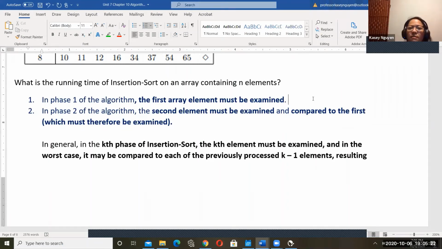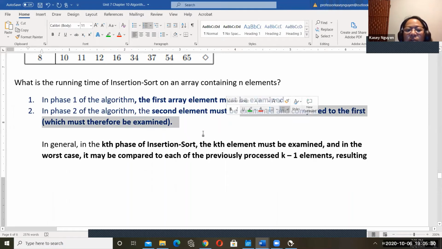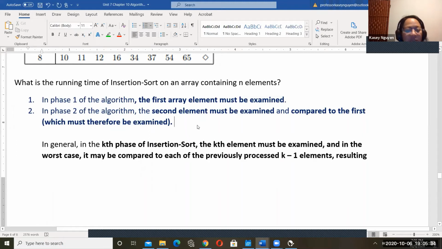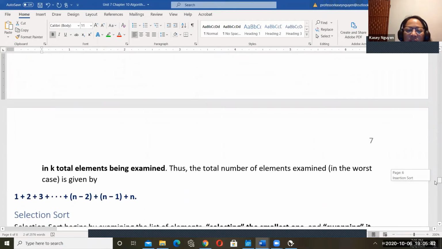If it's less, then we would swap it. Okay. Phase 2, the second element needs to be examined compared to the first. Therefore, that needs to have a swap. So with this one, we want to process it with a k minus 1 element in resulting.